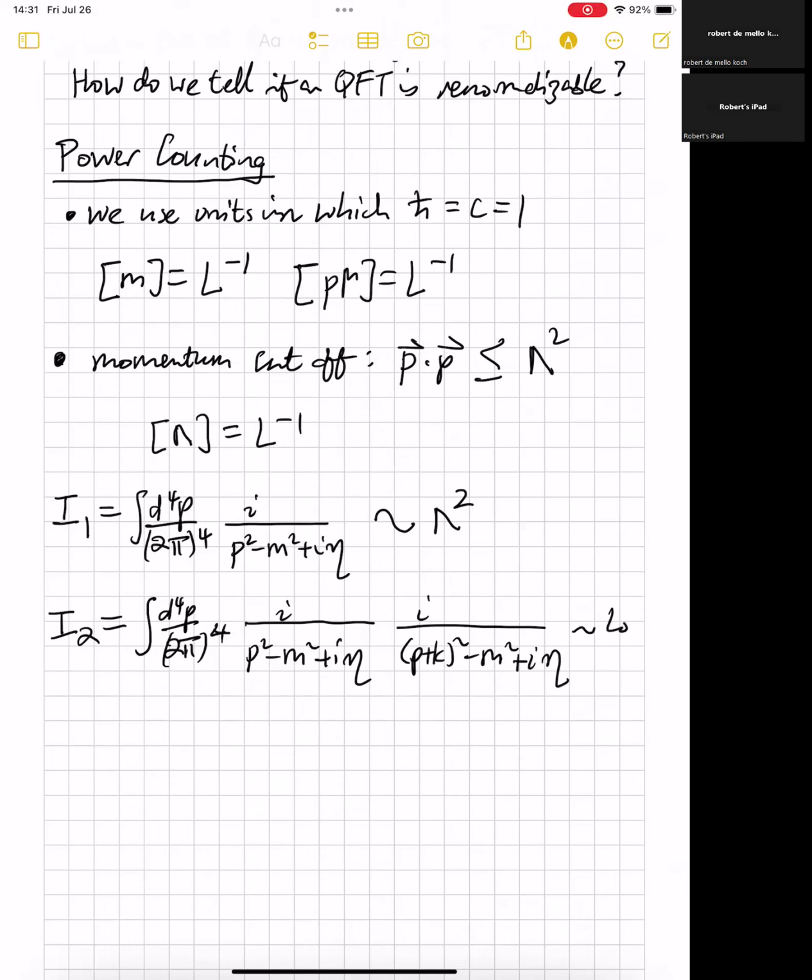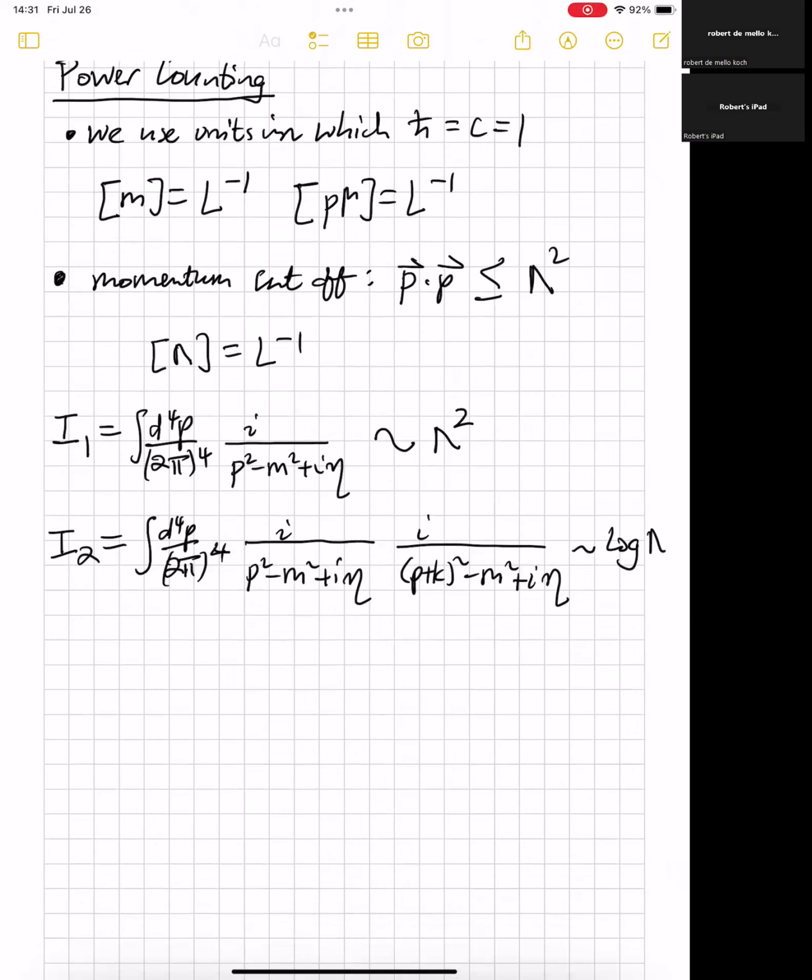And this one, it turns out, behaves like log Λ. Good idea for you to see if you can reproduce that, but I think that you will be able to, okay? And it won't come as a shock to you that these two integrals look familiar, because of course, these are precisely the integrals that appear in our matching conditions, okay?